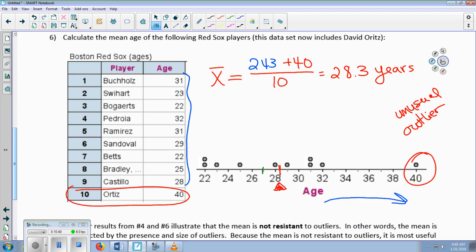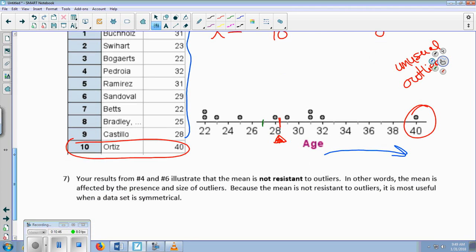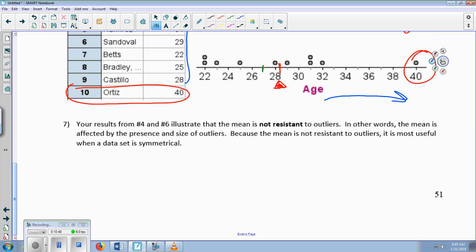So the mean is affected by outliers, and specifically, we have some language that we want to learn: the mean is considered to be not resistant to outliers. It doesn't resist the pull. It gets pulled in the direction of an outlier.